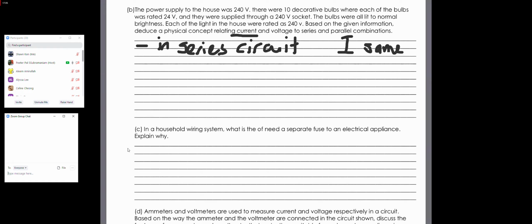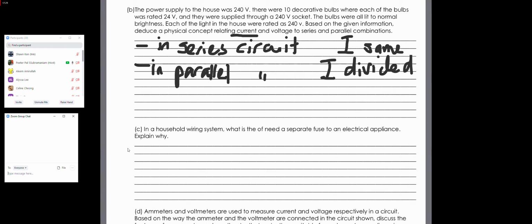In parallel circuit, the amount of current is divided to each branch. Okay, now done with current.